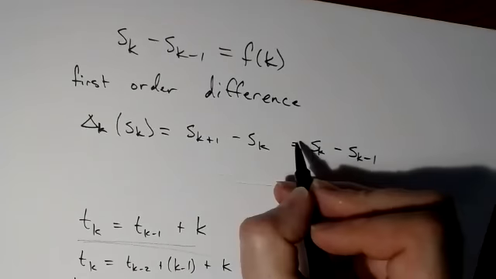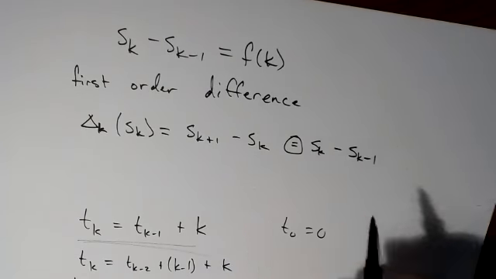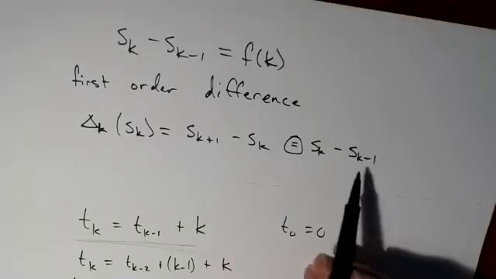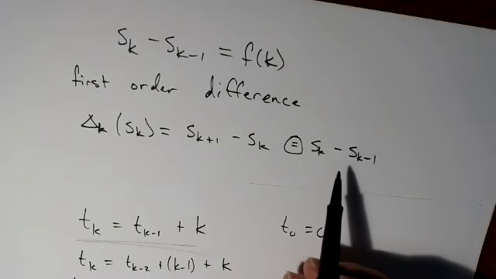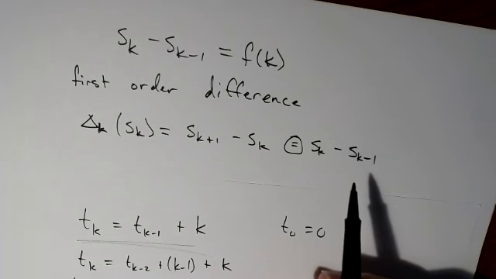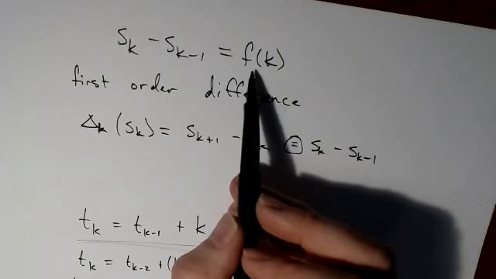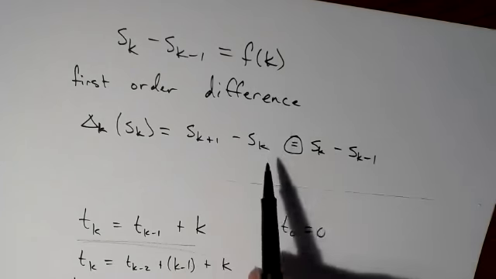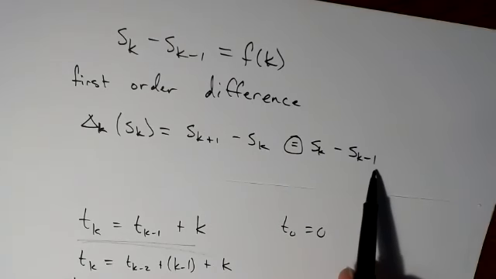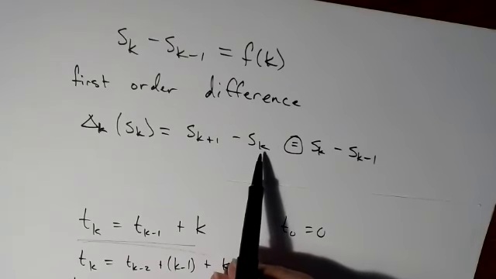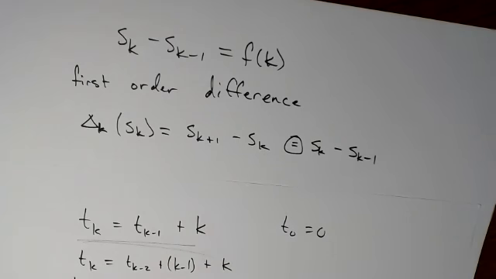So this equals is not really, but very close. In this case, this would be f of k, and this would be f of k plus 1. So that's why we can call them a first order difference equation.